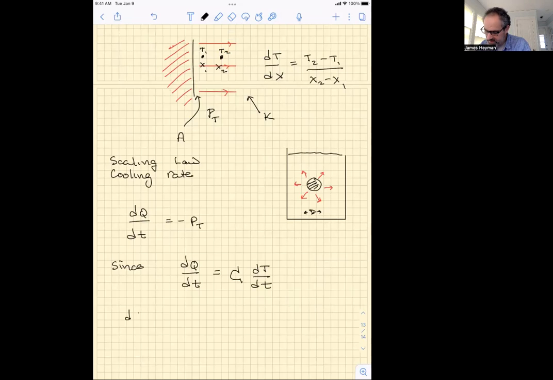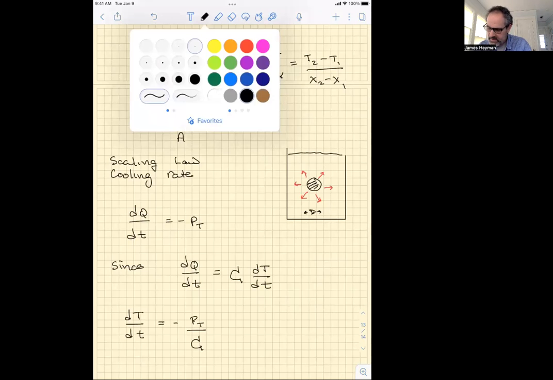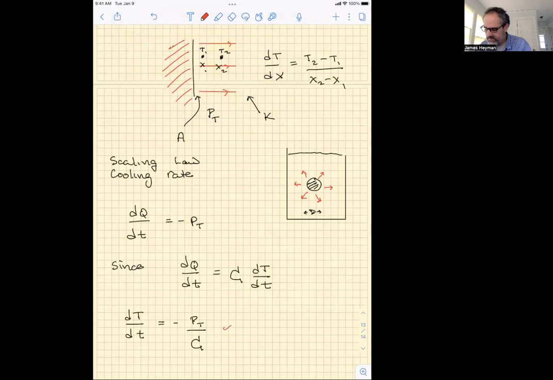Of course, that's the thing we're the most interested in. The cooling rate, then, is equal to minus P_T divided by the heat capacity.